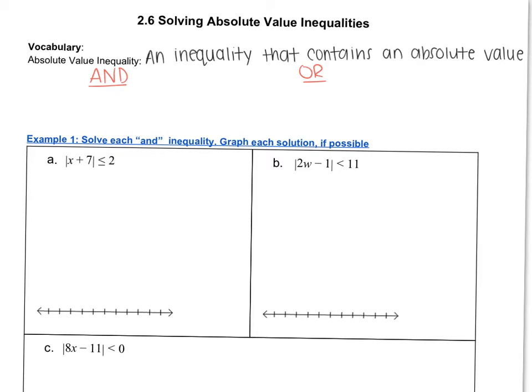And inequalities are going to come whenever our sign, the absolute value, is less than, which remember it looks like that, or less than or equal to, which looks like this. So if it's less than or equal to, we know we're going to use the word and to write a compound inequality.